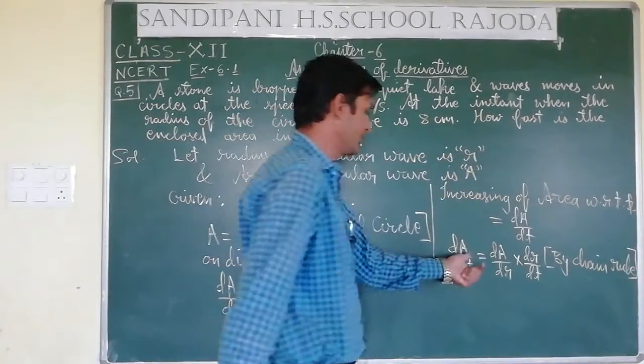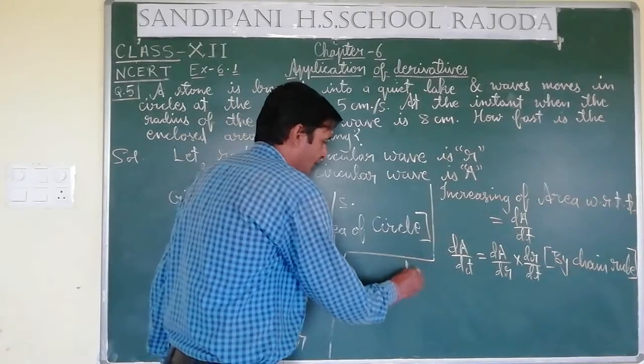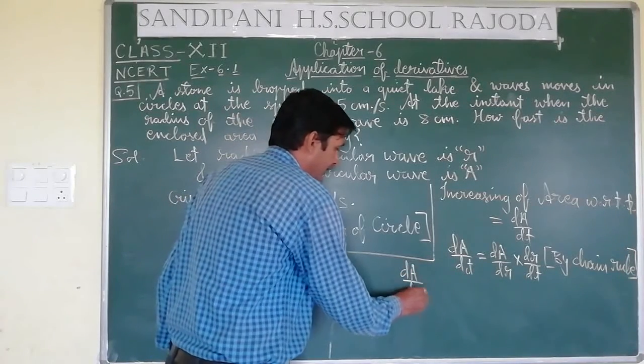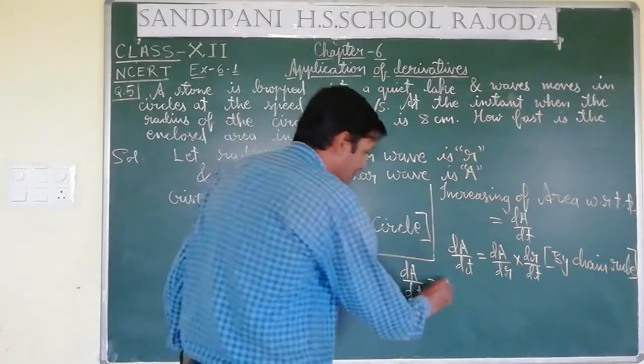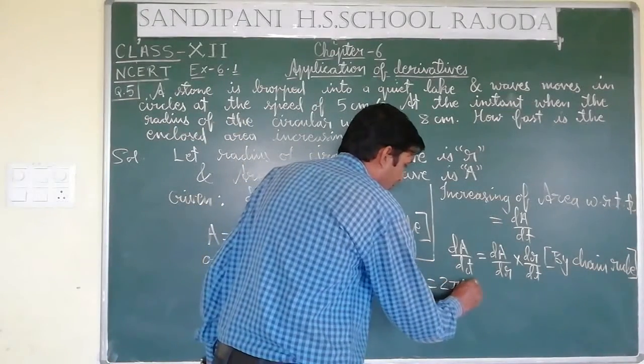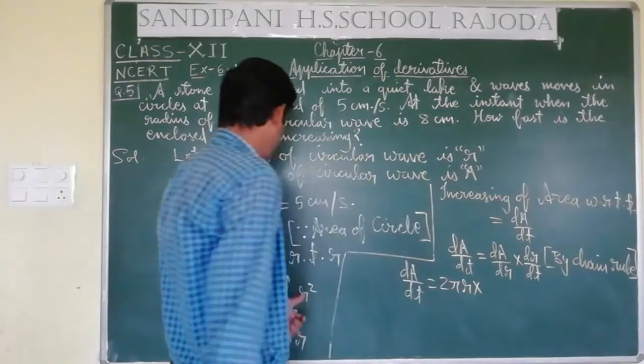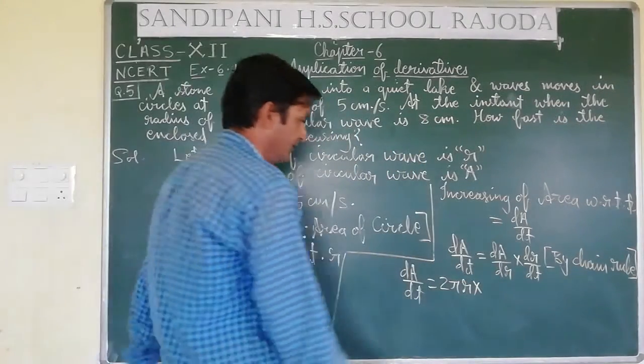So according to this chain rule, dA by dt is equal to what? dA by dt is equal to dA by dr, whose value is 2 pi r, and dr by dt value is 5. It is given.